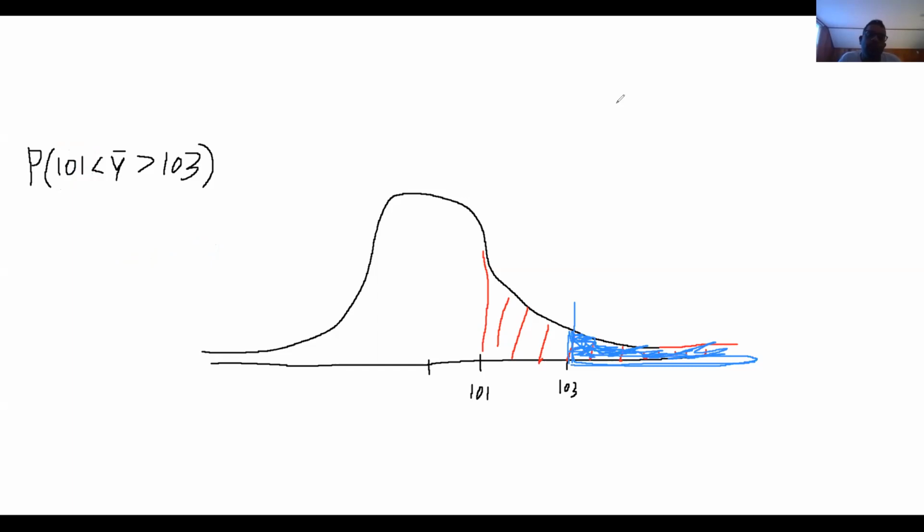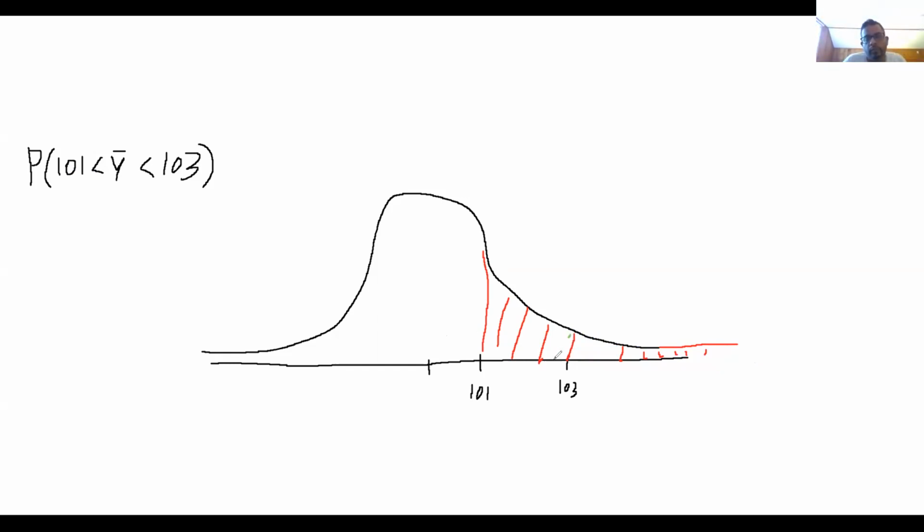Before we go back, let's just see what we are trying to find in this case, the real problem that we have. So in this case, we want it between, because we want it greater than 101, the red, but then we want it smaller than 103.